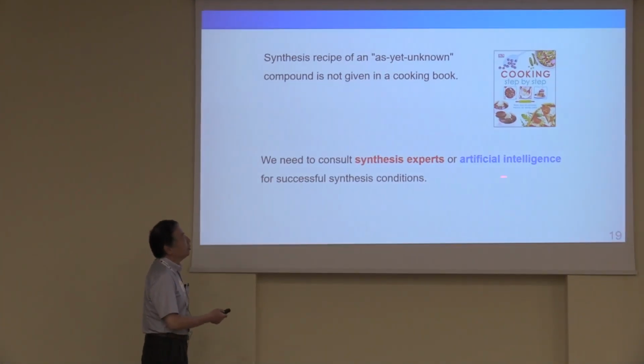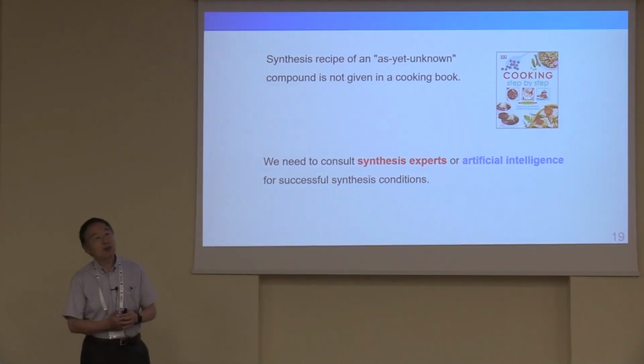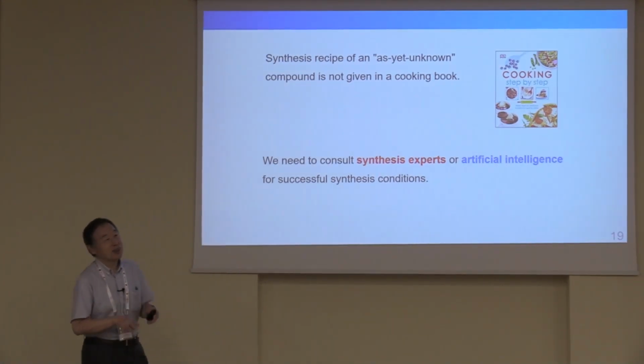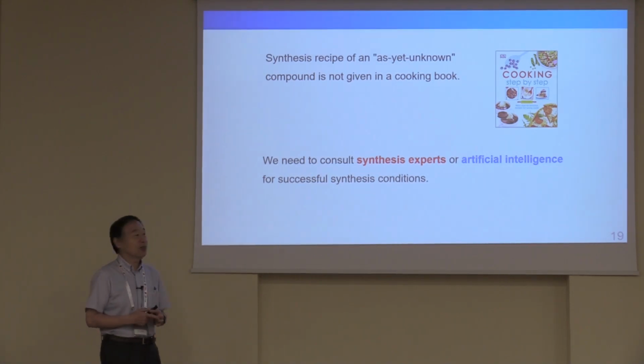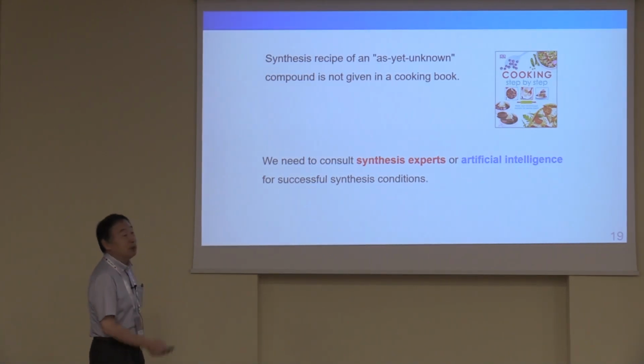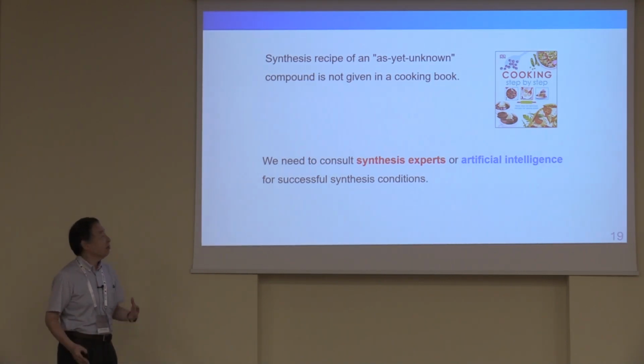Instead, we try to use artificial intelligence, something like ChatGPT. If we can ask ChatGPT how to synthesize a material, and if it provides a correct answer, well, of course it's fine. But for that purpose, probably we need a good source of data.